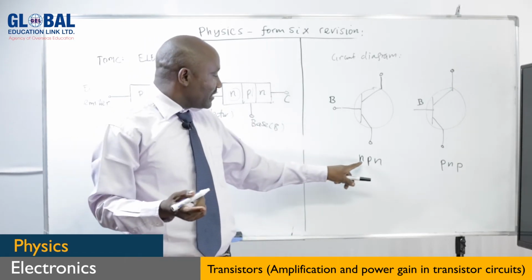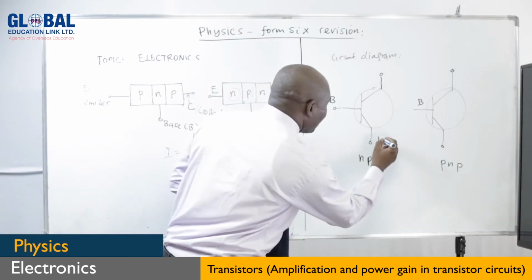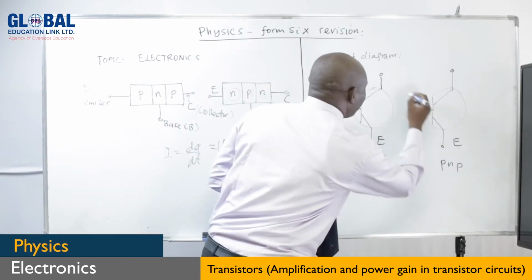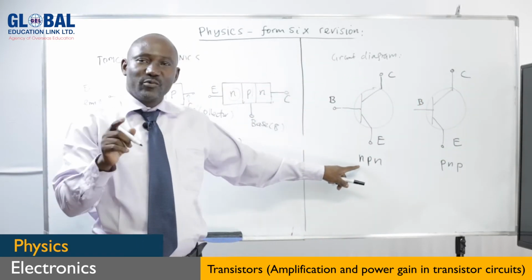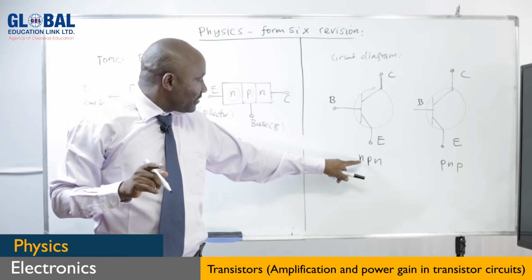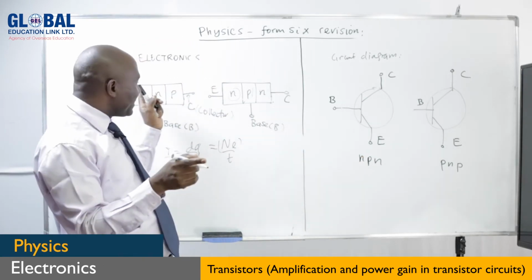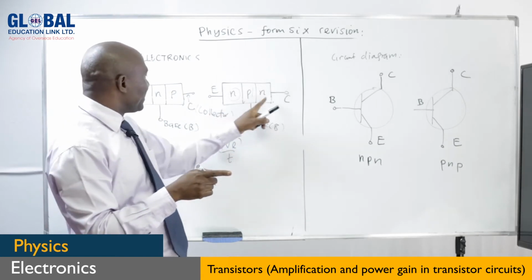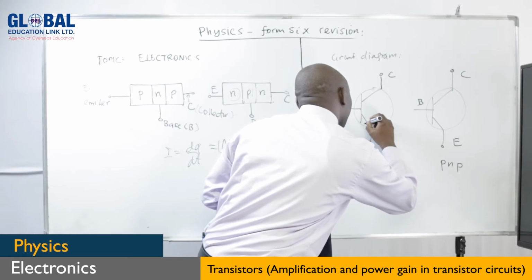You can see the N is outside. So this is our emitter, and this is our collector. So the arrow should be pointing to where the N is. Here you can see the N is outside, NPN, so the arrow should be pointing outside.